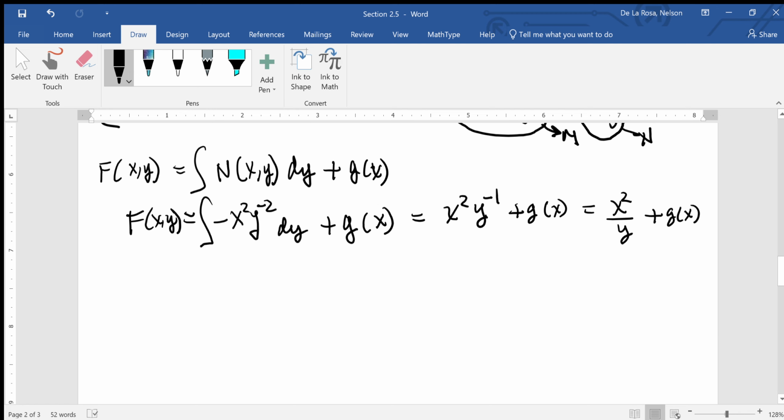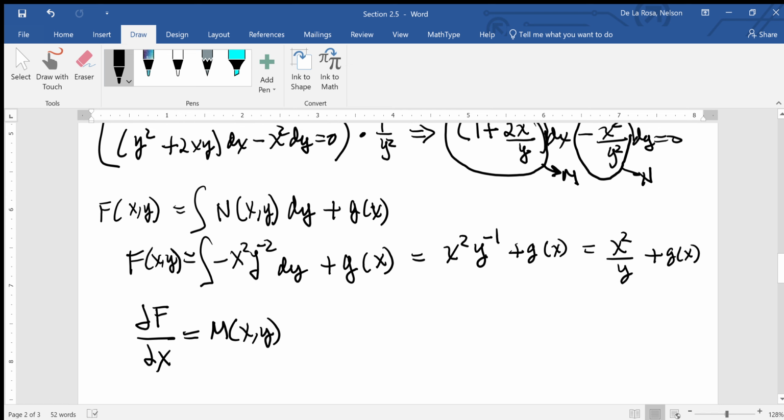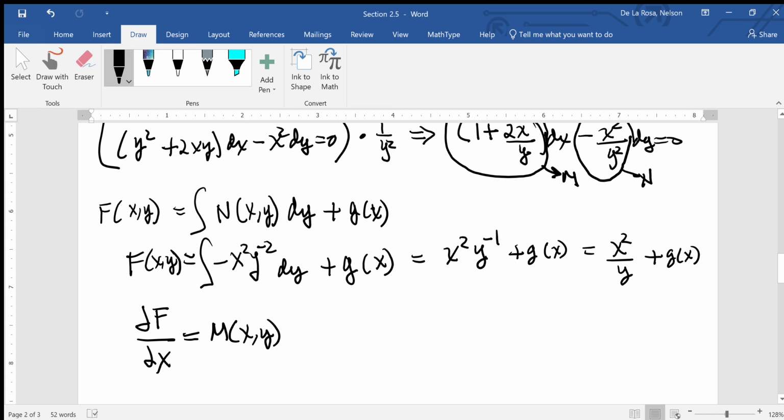Now we need to find g of x. To find g of x, we compute the partial derivative of f with respect to x, which is going to be our new M of x comma y. The partial derivative of the function with respect to x, remember y now is going to act as a constant, as a number.